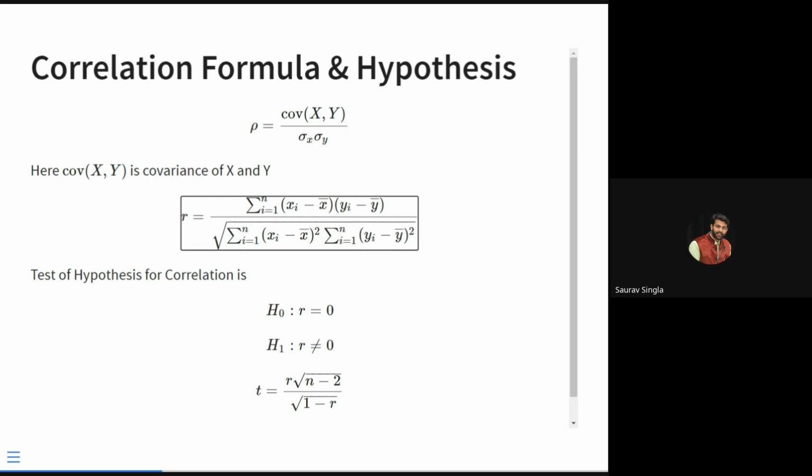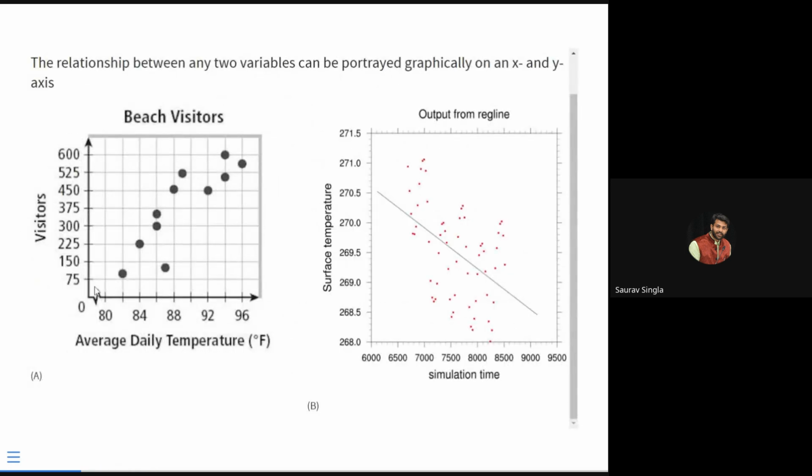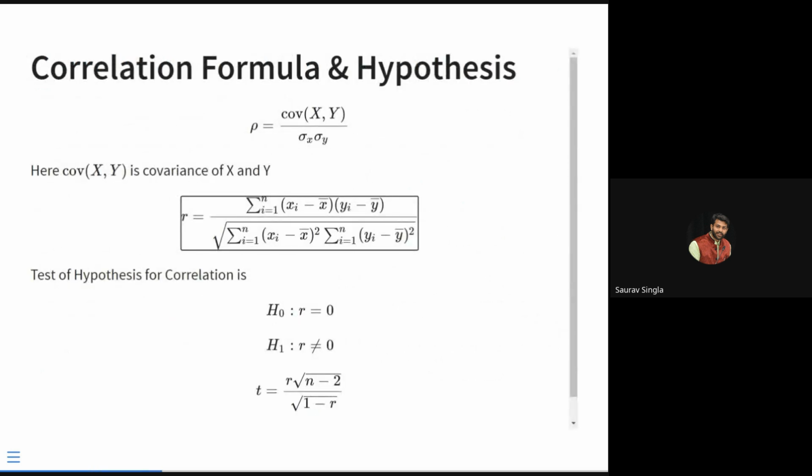Yi minus y bar is the same for the y variable. Then each difference you multiply with the corresponding difference. If you calculate the difference from the mean of all yi, then you multiply this with the difference of this xi. Okay. So that is called covariance.